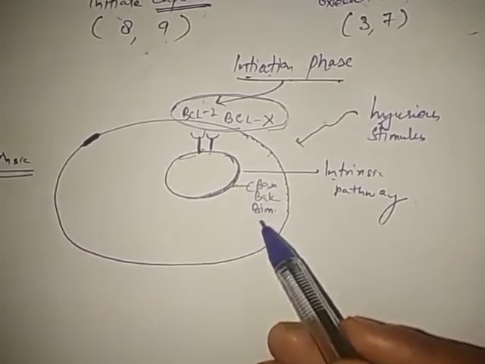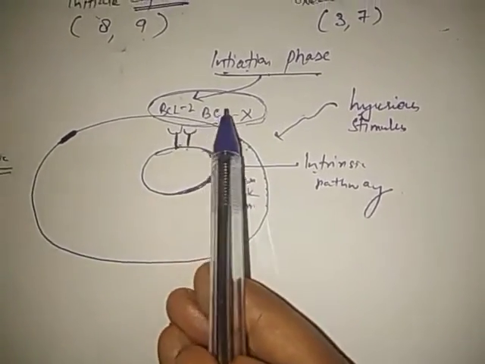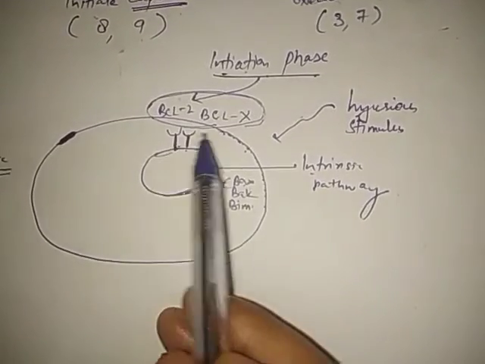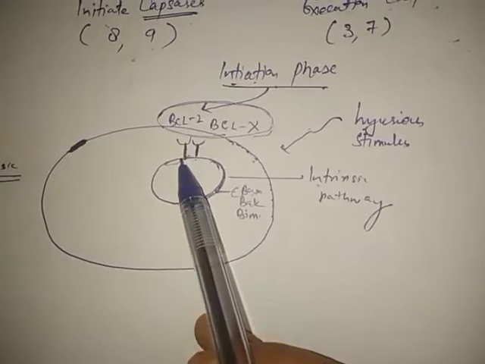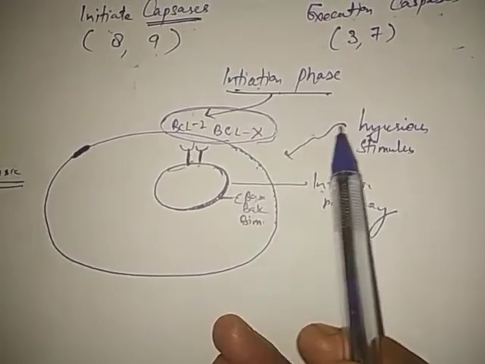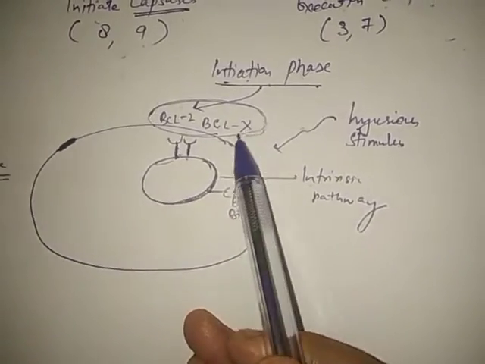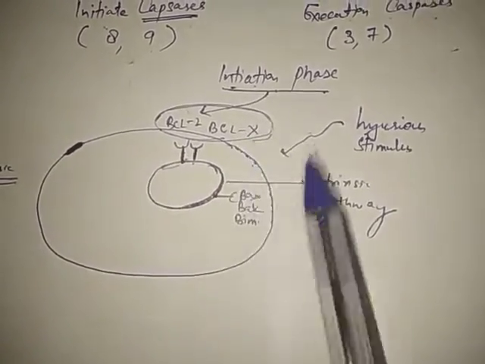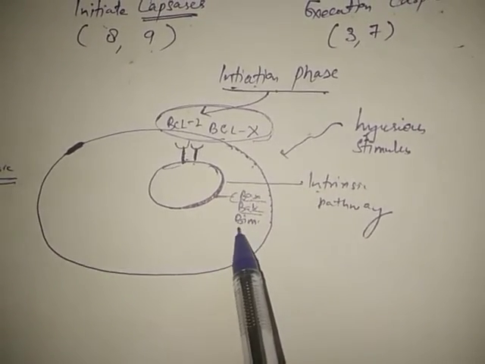There are a lot of pro-apoptotic and anti-apoptotic proteins. I will discuss it later, but for the meanwhile you can remember that the anti-apoptotic proteins are BCL2 and BCLX. When the injury comes or when the cell is not required by the body, these anti-apoptotic proteins are replaced by the pro-apoptotic proteins, which are BAX, BAK and BIM.